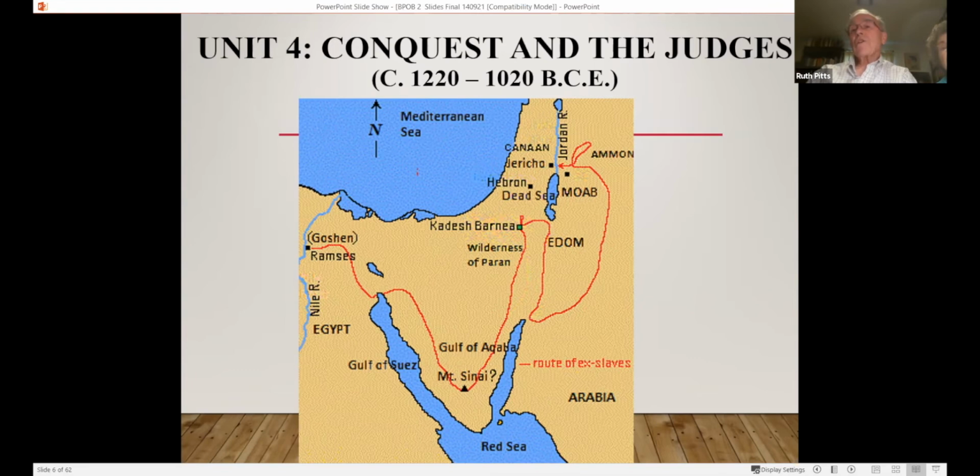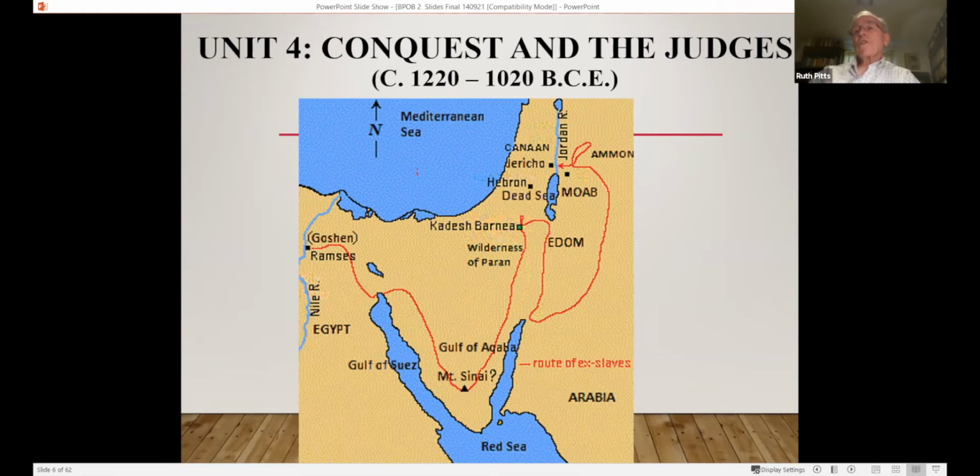And so they had to go all the way to the south and circuit Edom and Moab, go around those two little countries and come in just north of Moab and south of Ammon. So the entry into the land of Canaan, the promised land, is going to be from east into the west.